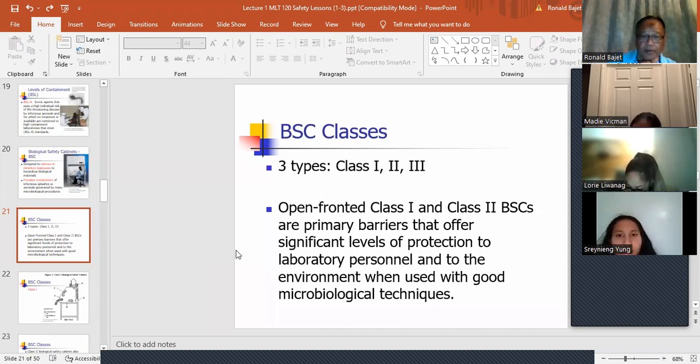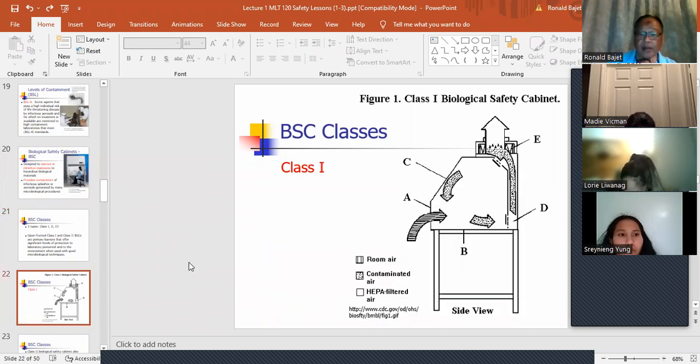This is class 1. Air comes in, it circulates, and this here is your HEPA filter. HEPA is high efficiency particulate air purifier.